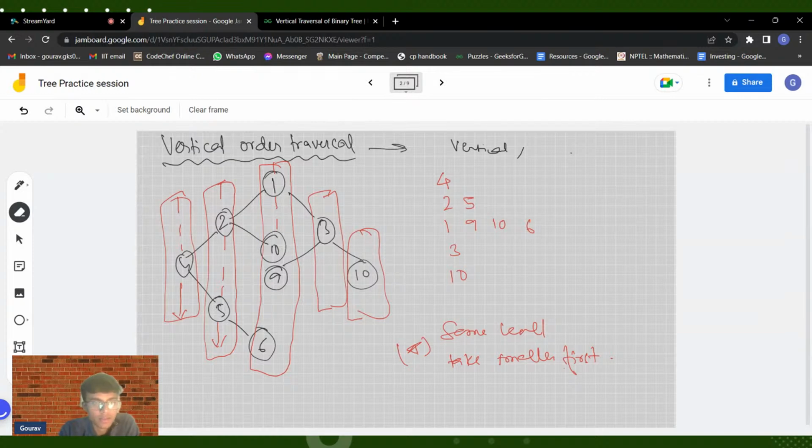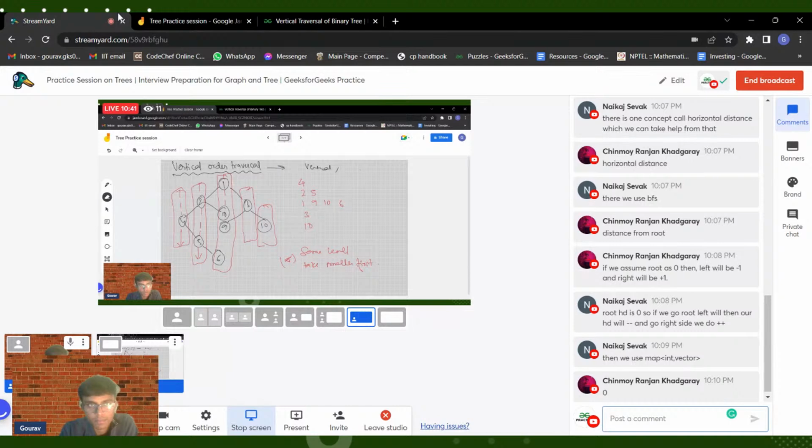It is always advised, whenever we are doing DSA problems, to use map rather than unordered map, because in the worst case the complexity will go up to O(n). When you are doing Codeforces or something like that, it is advisable to use unordered map. Anyway, both will be correct, so no worries. Let's see, level and level data. Okay, yeah, Naika.